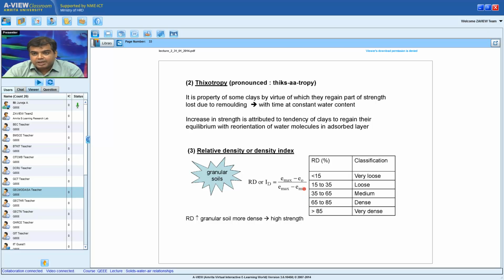Void ratio minimum would be the dense state. You shake the same sand and minimize the void ratio. So there is a table which again is a handy table to remember. Please, this is important.